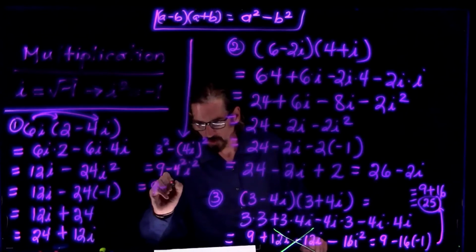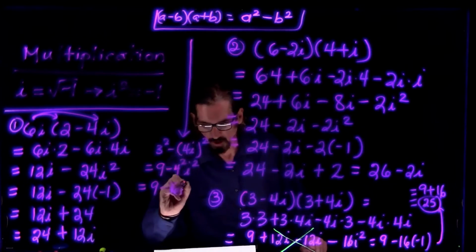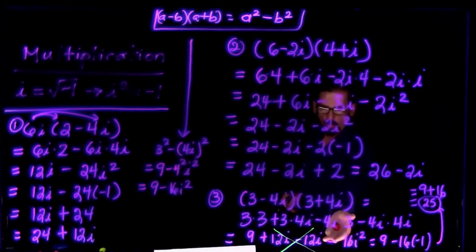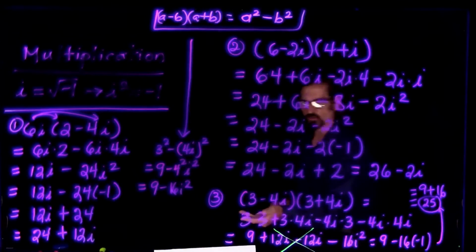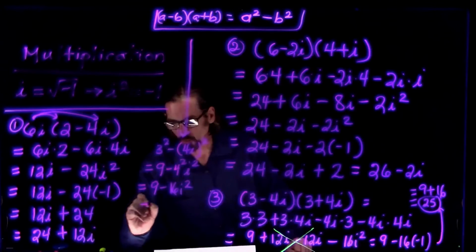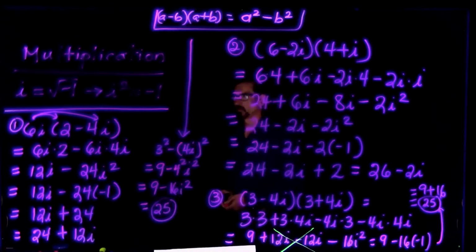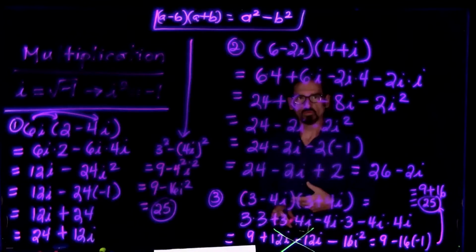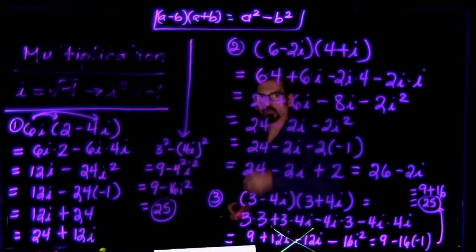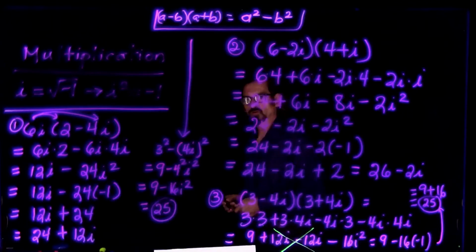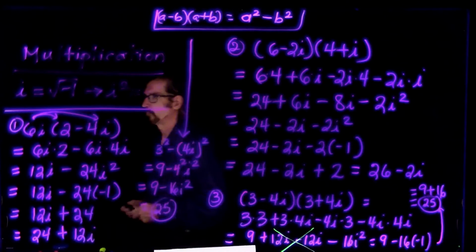It's going to be 9 minus 16 i squared. That's what we wound up having here, 9 minus 16 i squared. We got 25 that way as well. You may find using the difference of two squares form simpler to work with when you're multiplying two complex conjugates.